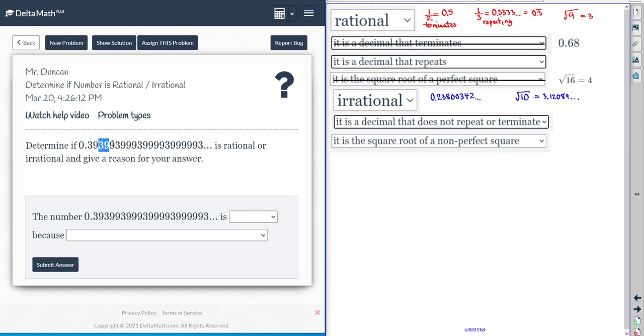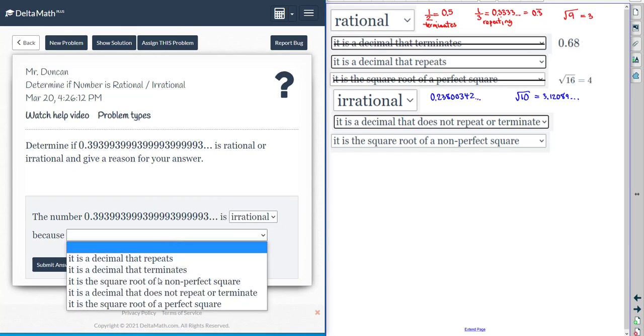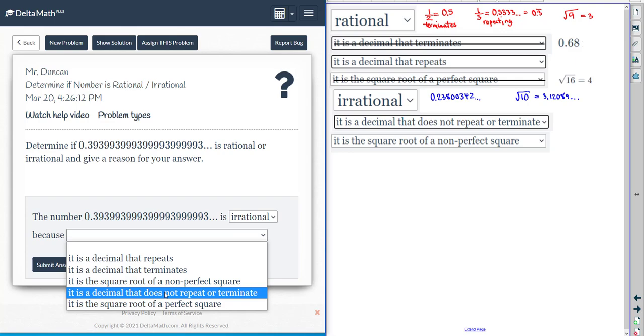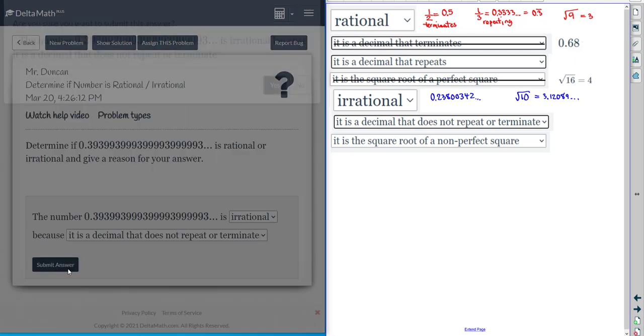Then it's 399, and then it's 3,999. So although this has a pattern where it keeps adding a 9, it doesn't actually repeat. If it repeated, it would be 39, 39. So this is definitely one that's a little bit tricky, but it is definitely irrational, and we would say it is a decimal that does not repeat or terminate.